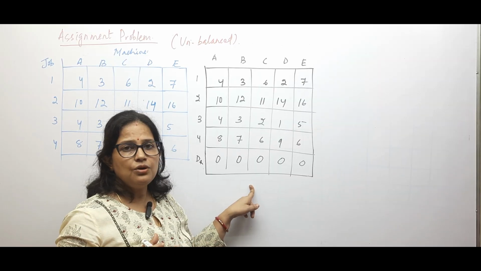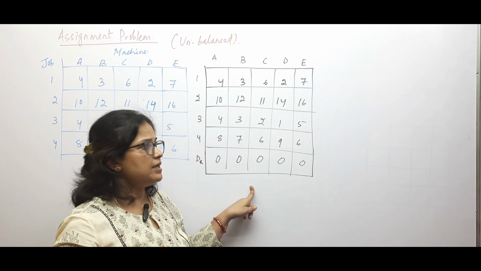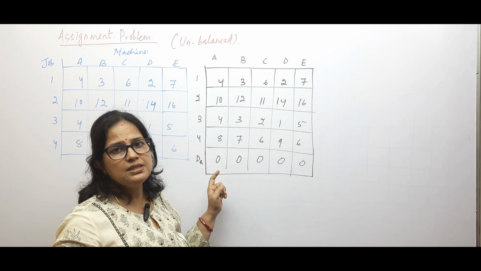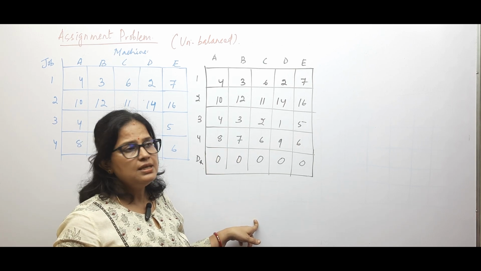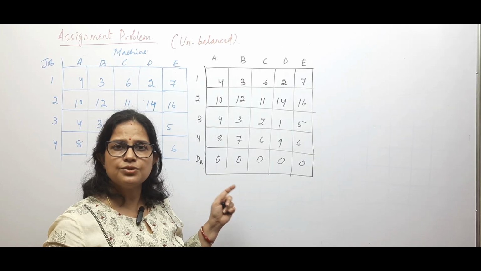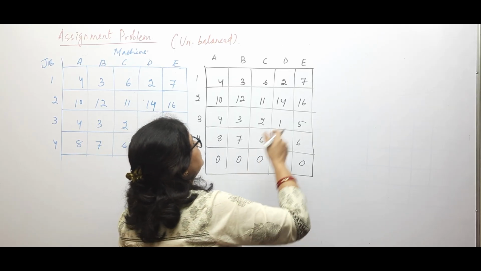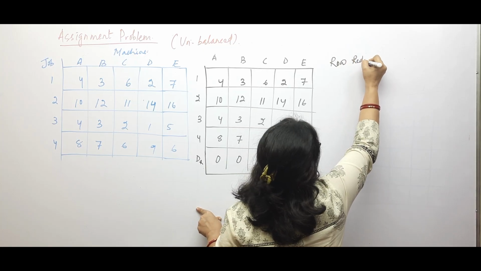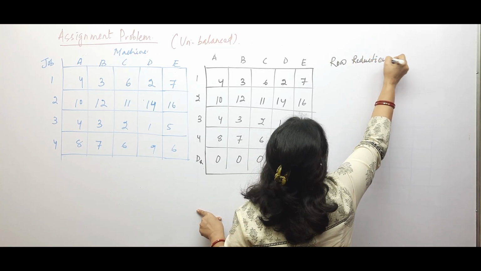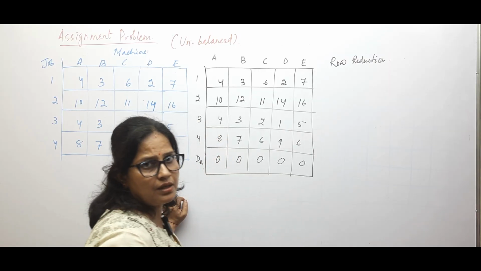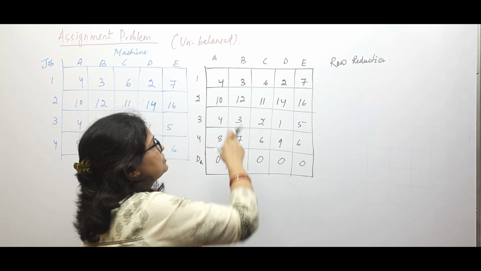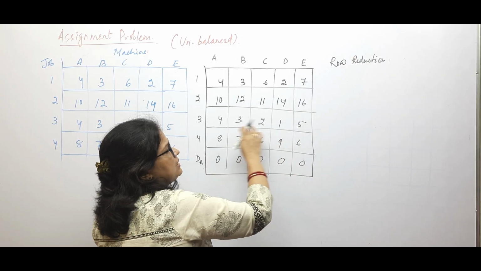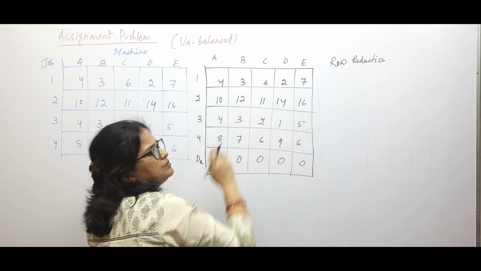As we all know, the first step is to check whether it is a balanced or unbalanced case. Then the next step is row reduction. This is the row reduction matrix. We need to reduce the row. We have to choose the least cost in each row and subtract it from itself.